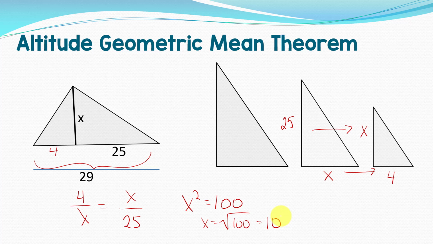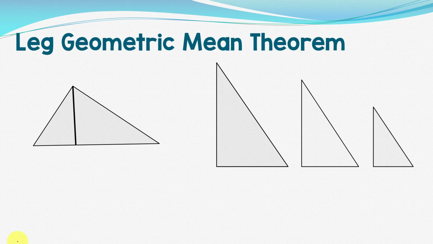Now there's another geometric mean, and that is the legs. So let's take a look at that. All right, here, if the leg, this leg of this, we'll call it x, is also the geometric mean of the side that it's with, A, and the entire length, we'll call this B. That is our leg geometric mean.